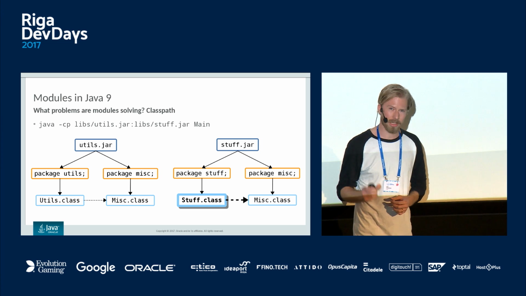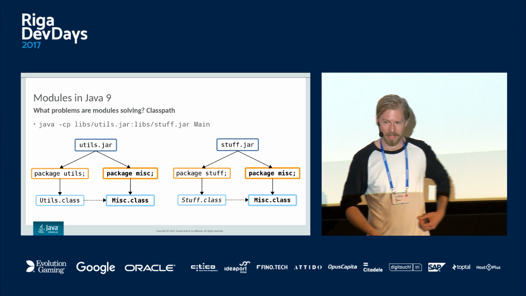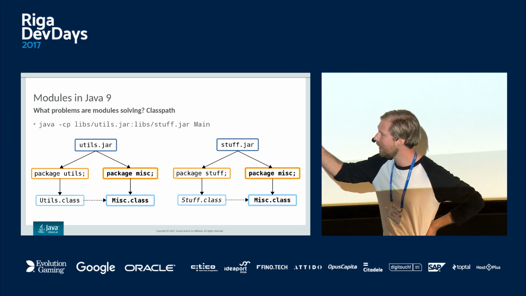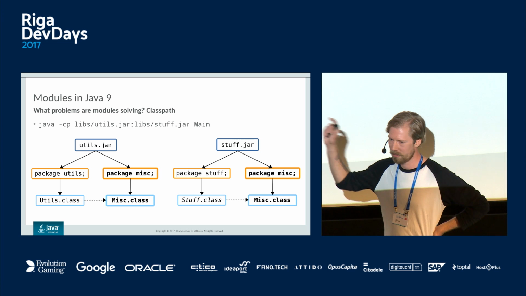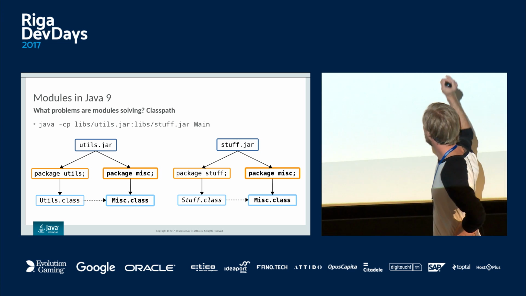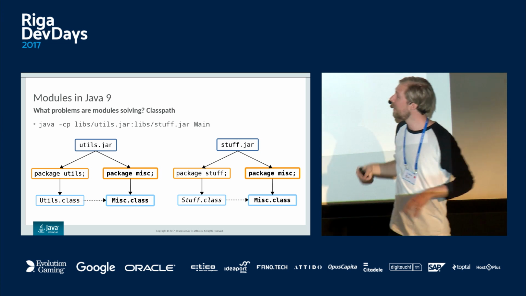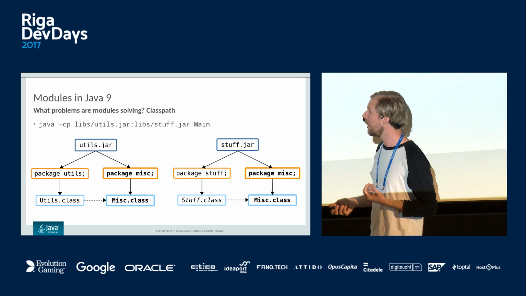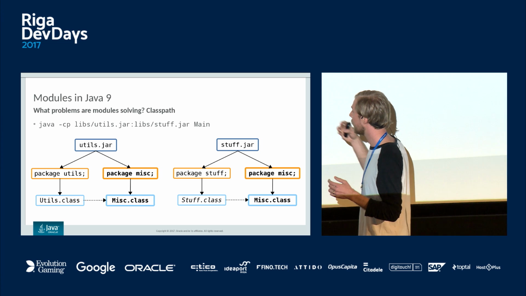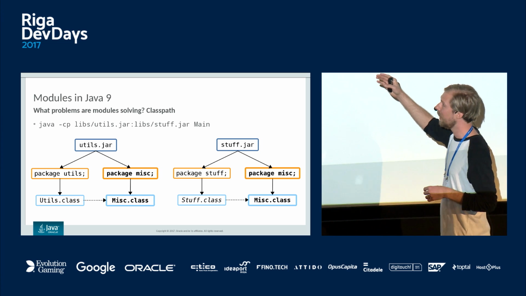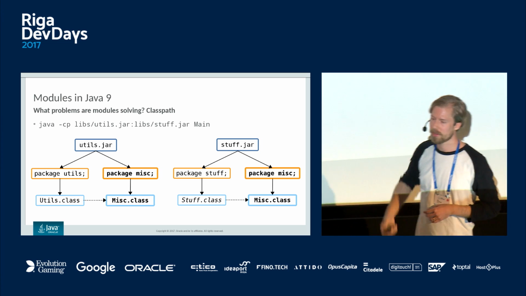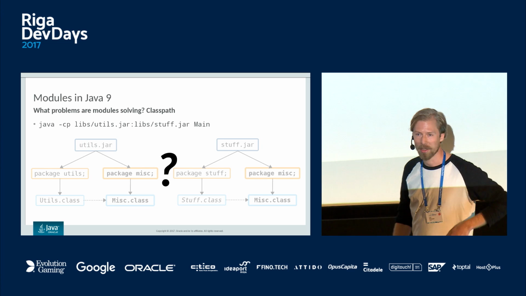And now there actually is a slight little problem here. You see, we have the package misc in utils.jar with a misc.class, and there's a package misc in stuff.jar with a misc.class. So when the JVM is going to look, okay, stuff is going to need misc, and it's going to search the class path described above, what is going to happen?